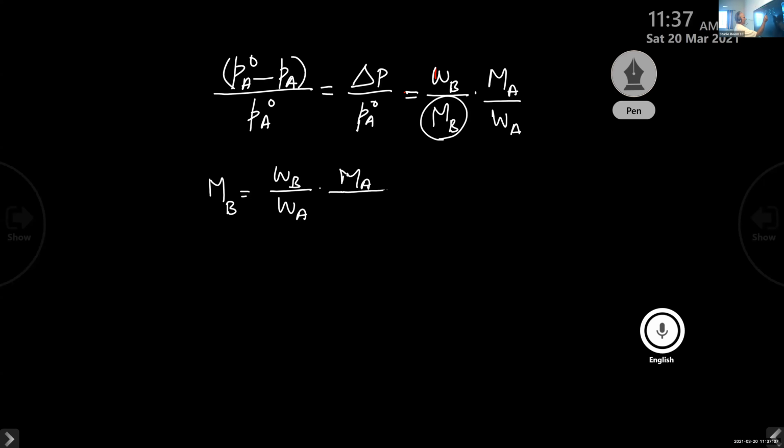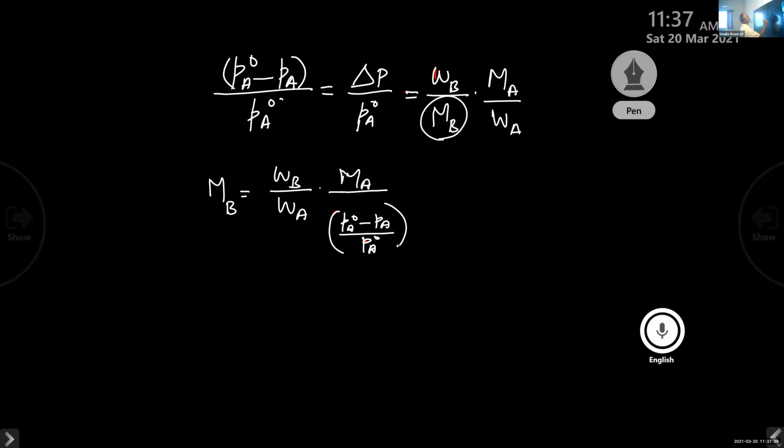And you have taken MB to the left hand side. Now what is on the left hand side is taken to the right hand side. So this portion will be in the numerator. So this will be (PA0 minus PA) by PA0. That is the relation obtained finally.